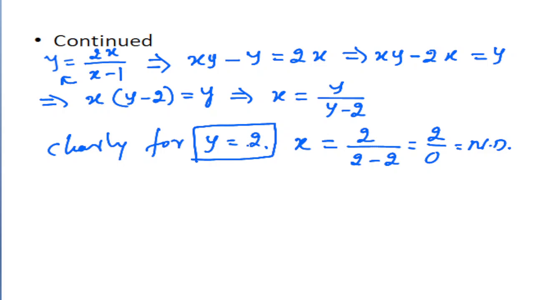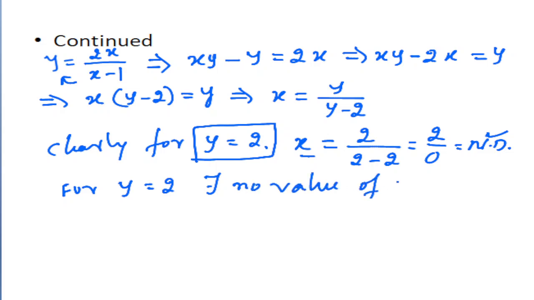For this value there exists no x, x is not defined. So for y is equal to 2, there exists no value of x in the domain. So we know that at least one element in the codomain does not have a pre-image. Then our conclusion is f is not onto.